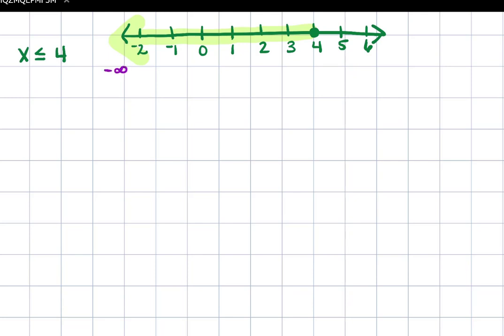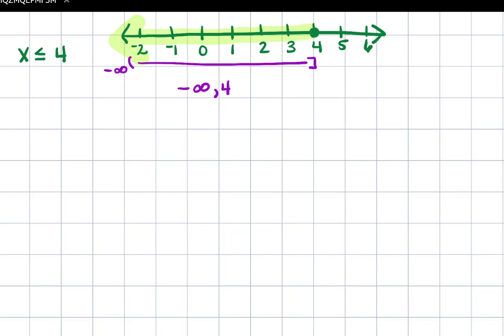So the smallest number that the x could be is -infinity. And the highest number that it could be is 4. Those are the numbers that are less than or equal to 4. Any number between -infinity and 4.